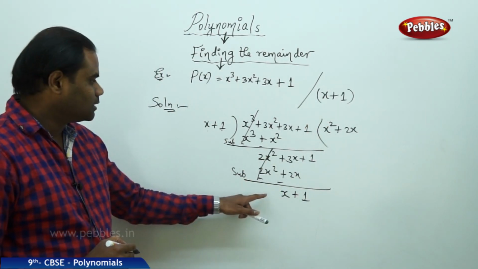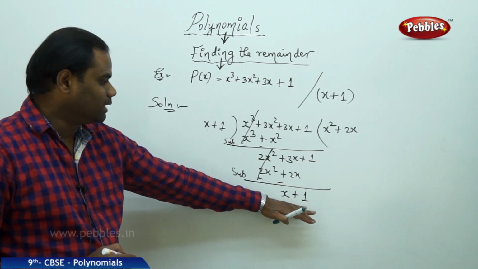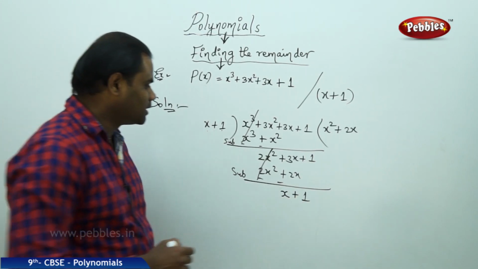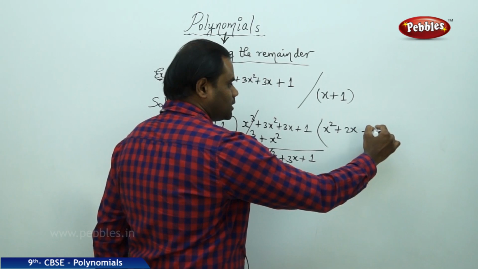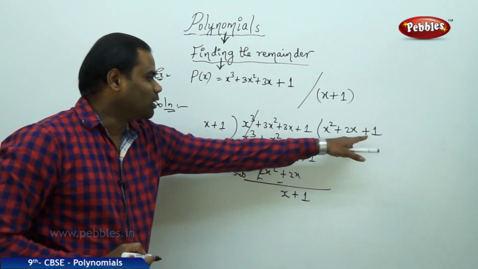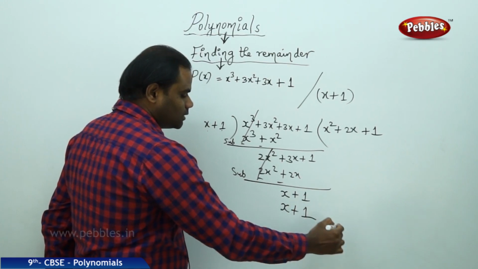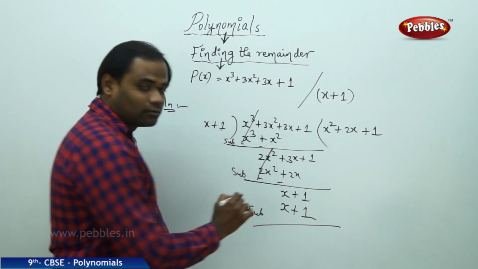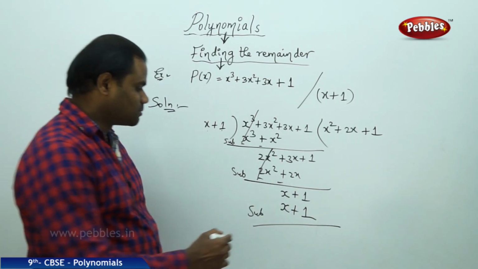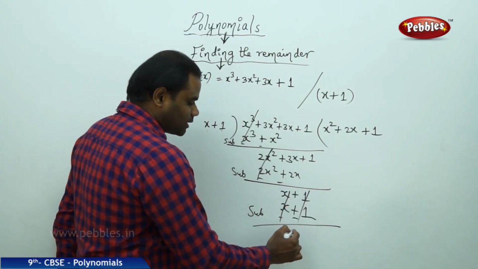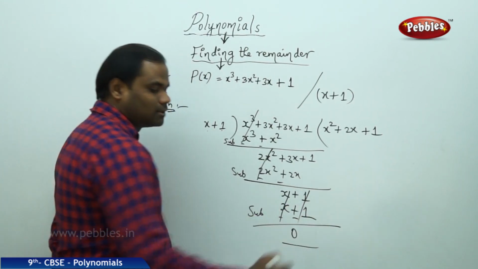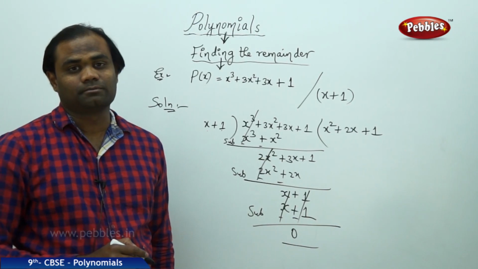Finally, this is the term where I end up, so I can take plus 1, so that 1 times x is x and 1 times 1 is 1, which on further subtraction, with the change of signs, cancels to give me the final answer as 0.